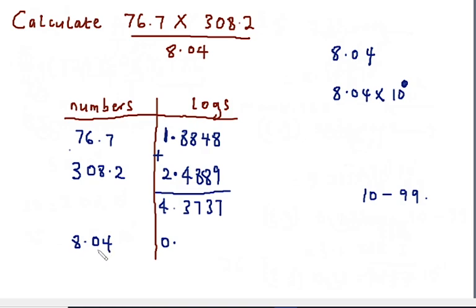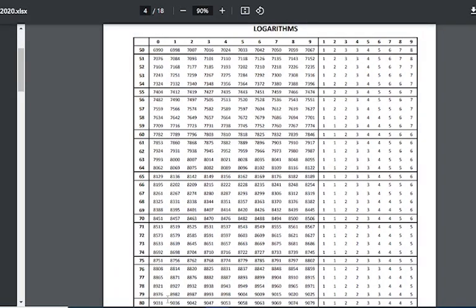So we're going to the table to check 80 under 4. So on the table, this is 80, and then under 4, this is 4. So 80 under 4 is 9053. There's not another number to check. So we pick this number, 9053.